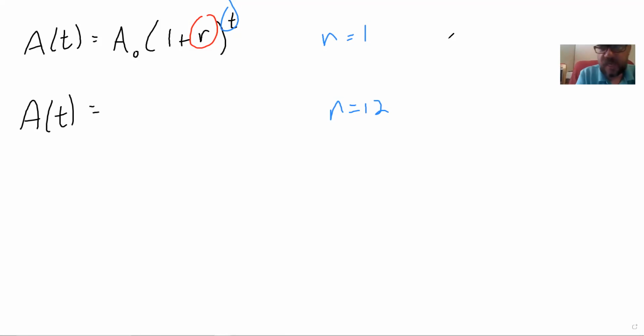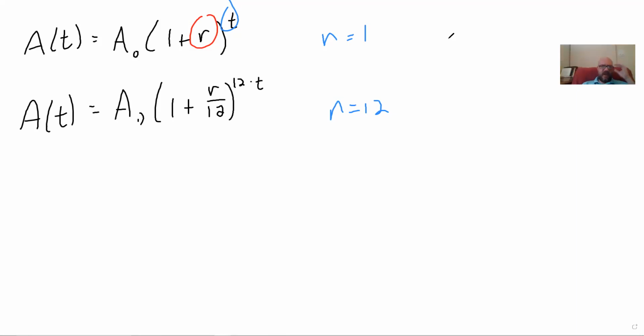This turns out to be not exactly the same, but pretty close to 6% per year. It's actually a little bit more. So we get A0 times 1 plus. Now, if we're doing this 12 times, we're going to break down the interest rate into 12 pieces. But we're going to give it to you 12 times as often.